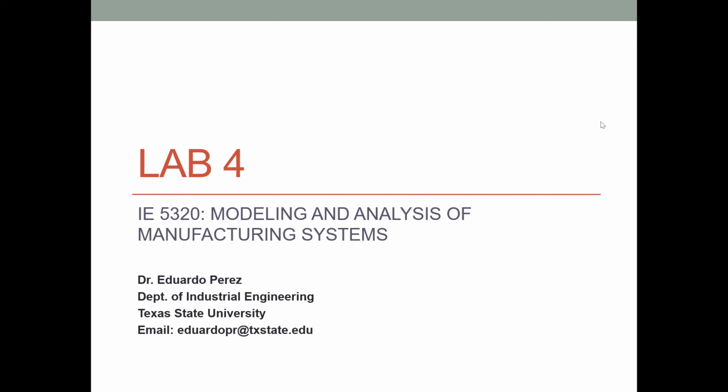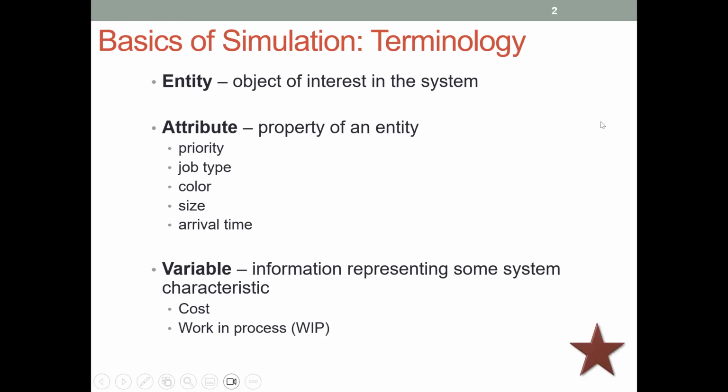So this is lecture 4, lab 4 for simulation. And the other thing that we are going to do for the first time today is to incorporate a variable within our model. So far we've been dealing with attributes, but today we're going to work with a variable, and the variable represents some system characteristic.